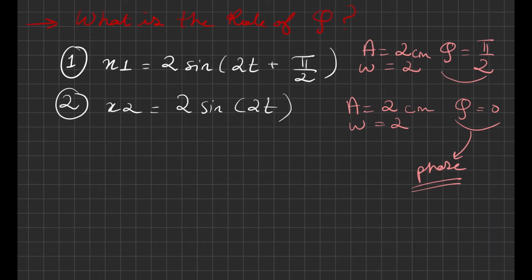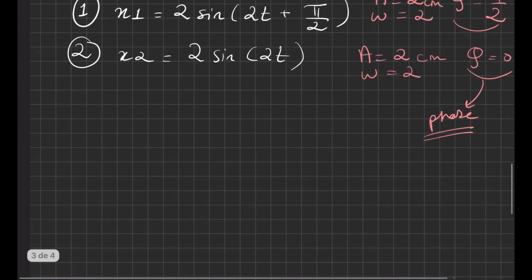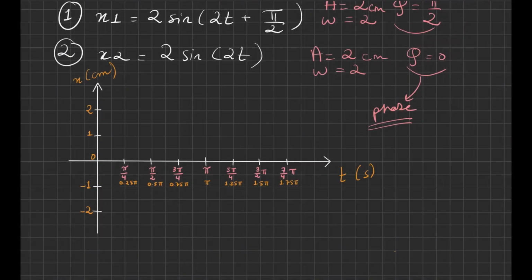To understand what this phase does, we have to draw the functions x1 and x2 with respect to time. So here we drew the graph of x as a function of time.